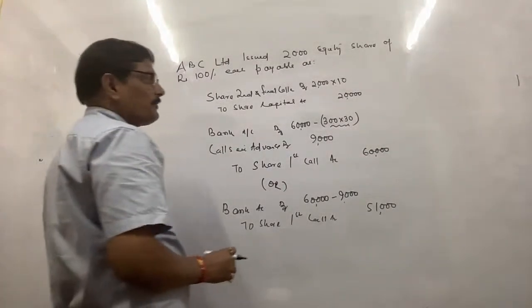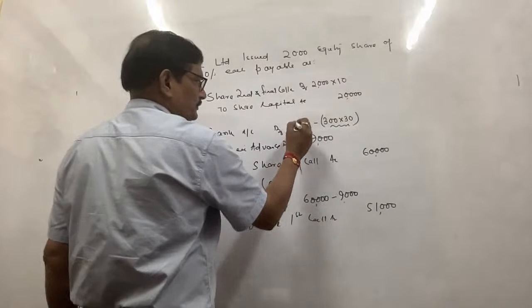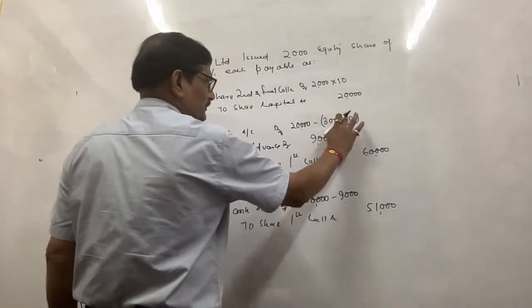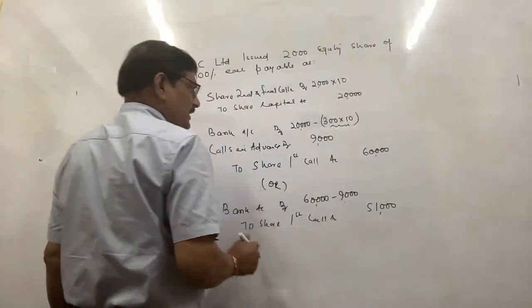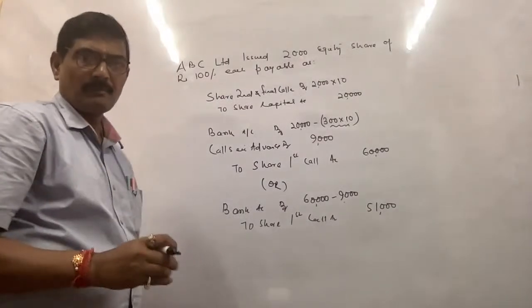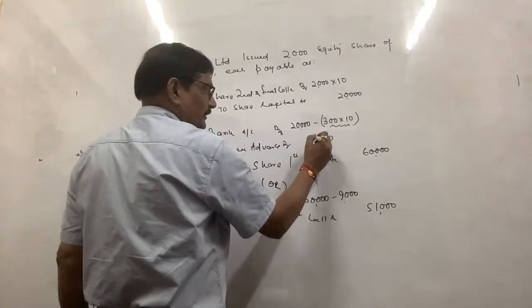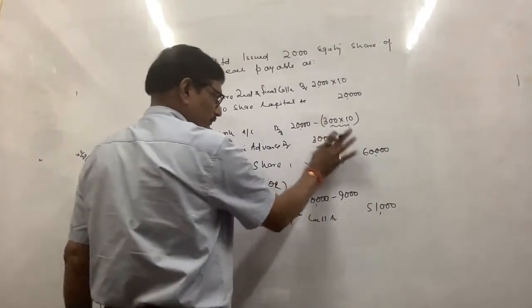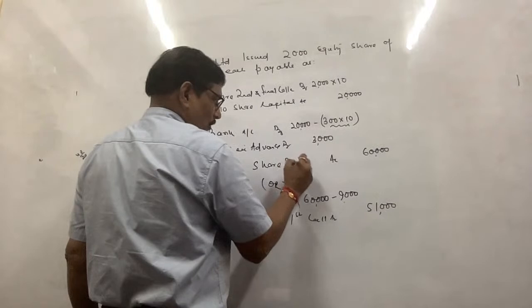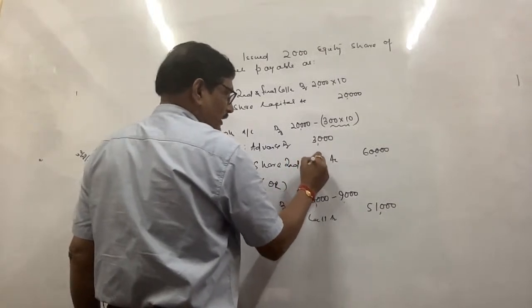And when we receive, bank account debit 20,000 minus 3,000, calls in advance account debit 300 into 10, to share second and final call.